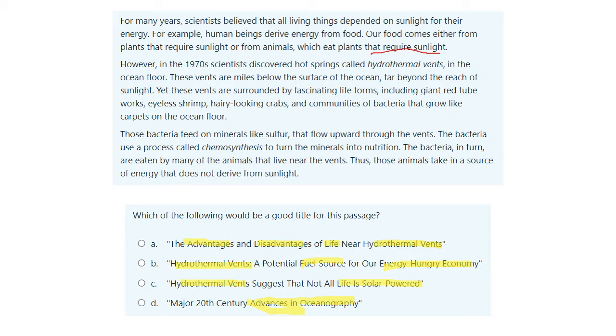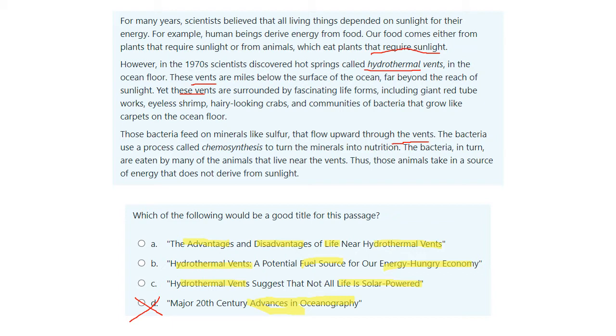However, in the 1970s, scientists discovered that hot springs called hydrothermal vents in the ocean floor. So we do have hydrothermal vents here, and the vents continue in the next few sentences and also in the next paragraph. So we can take away answer D.